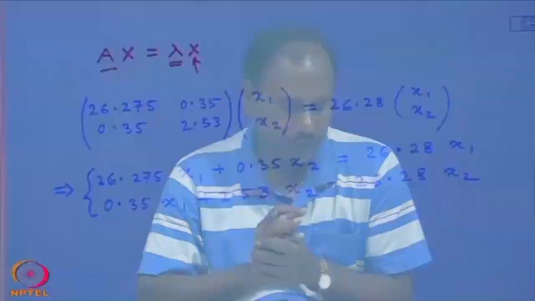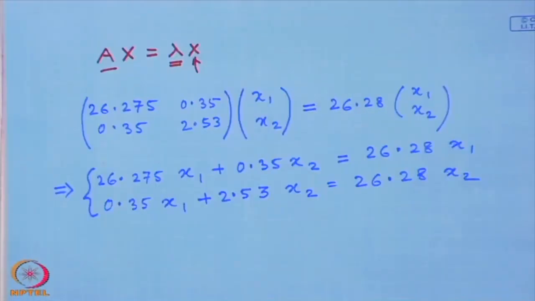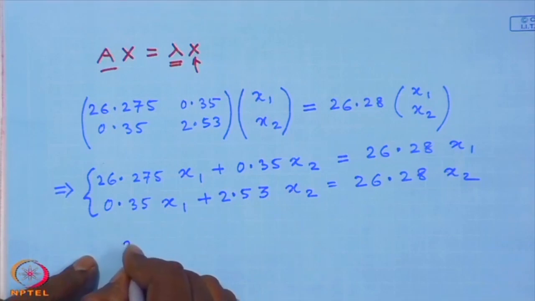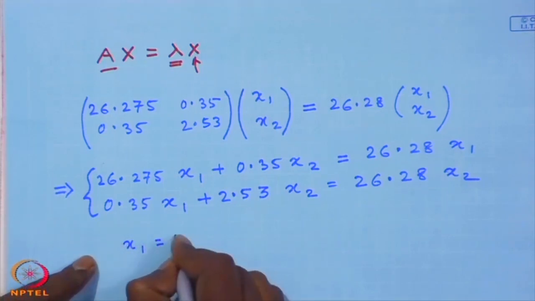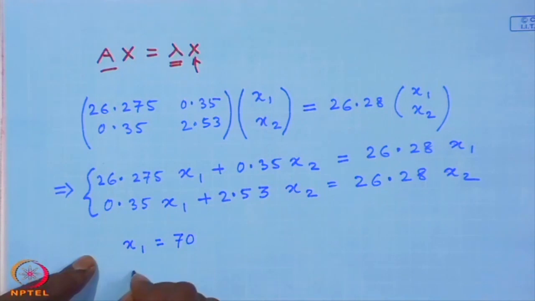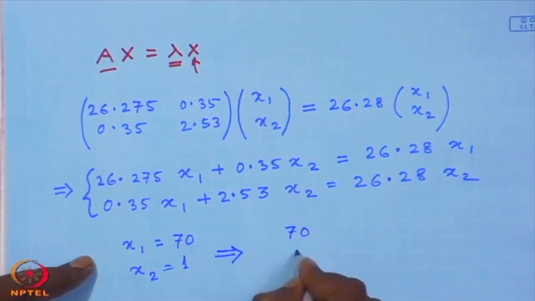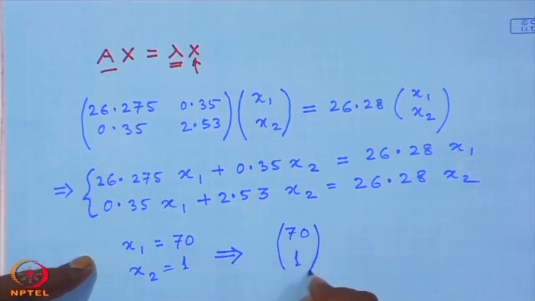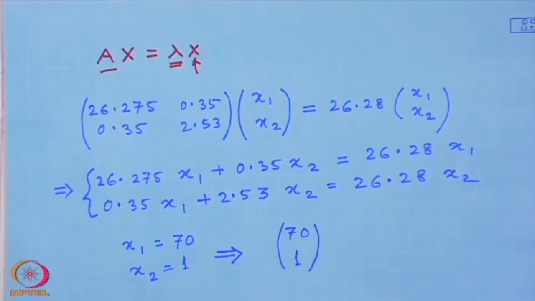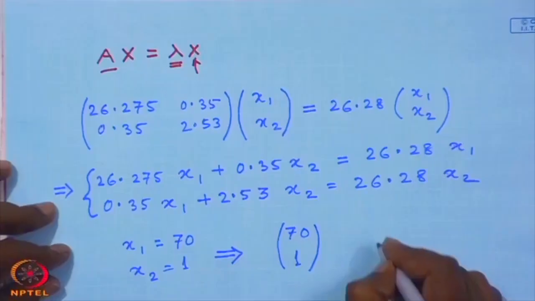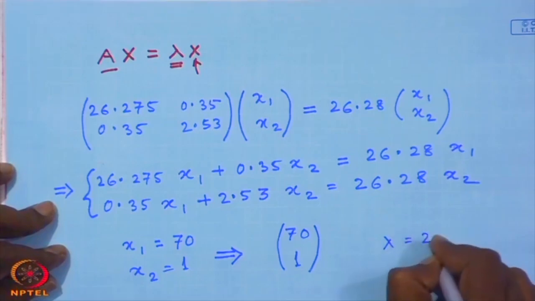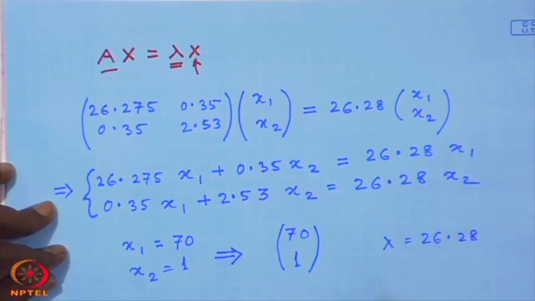And the solution is also very simple, and if you solve this, you will find that x1 is something around 70 and x2 will be something around 1. So, that clearly indicates that 71 is the eigenvector of the covariance matrix corresponding to the eigenvalue lambda equal to 26.28.